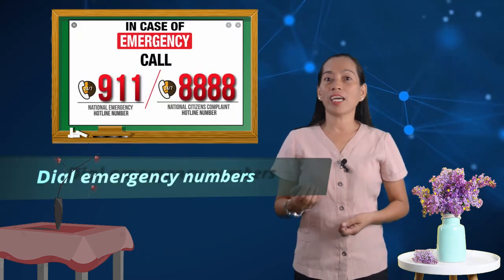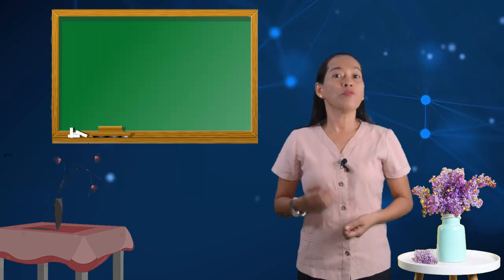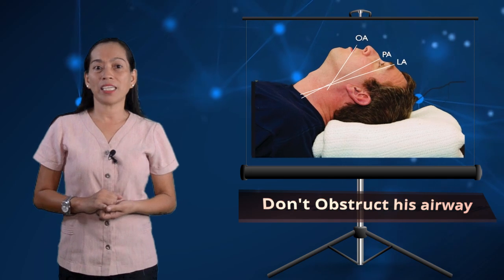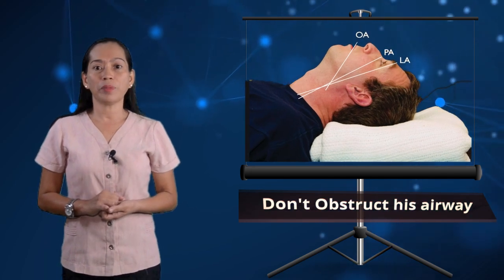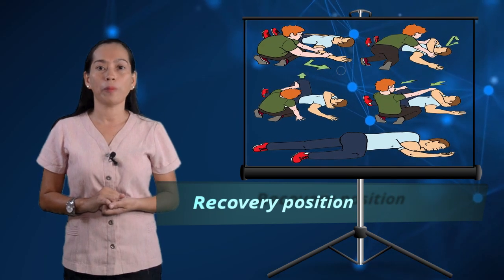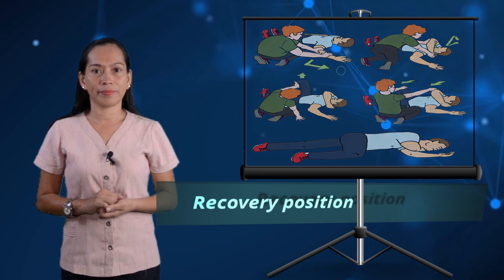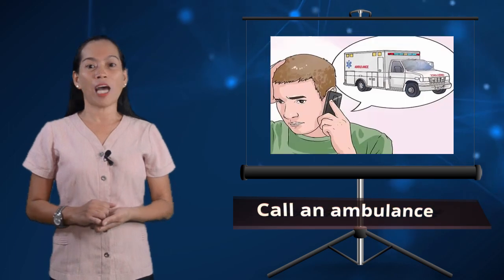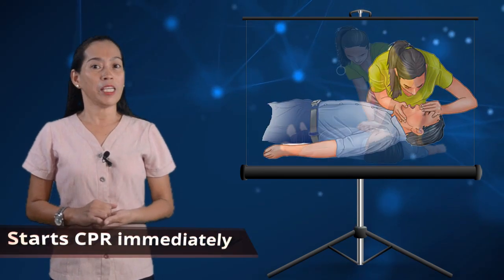Then, dial the emergency hotline number for an ambulance. Another thing to remember: if someone is unconscious and not breathing, with no injuries, the following must be done. Don't obstruct his airway. Set the casualty into the recovery position until help arrives. Call an ambulance and start CPR immediately.